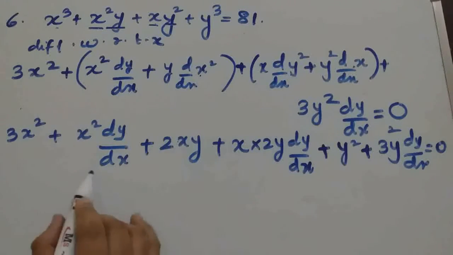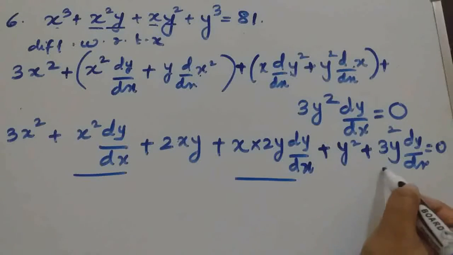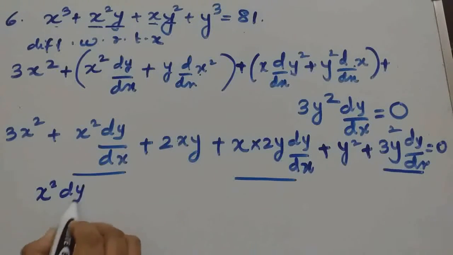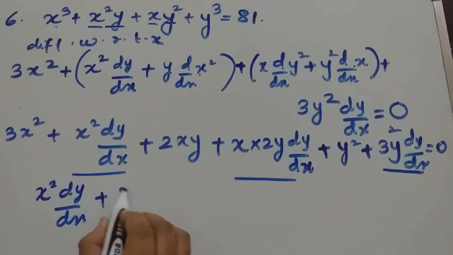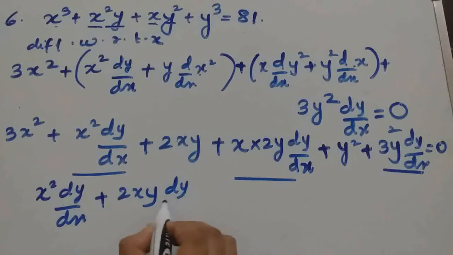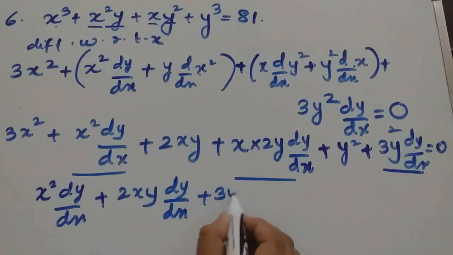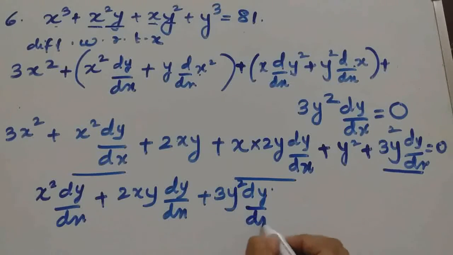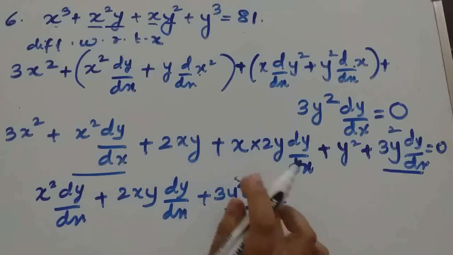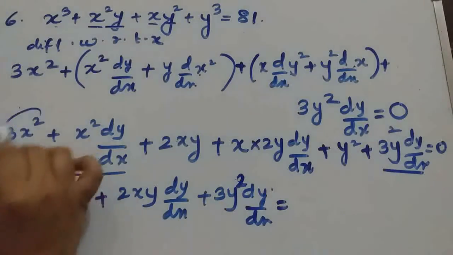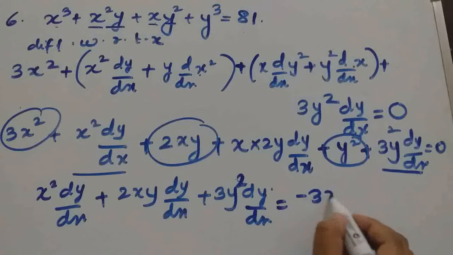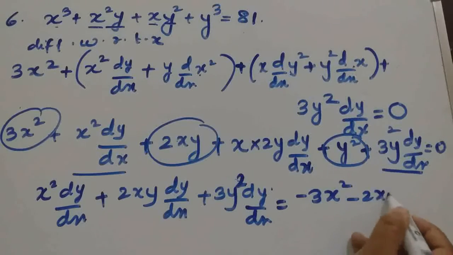Now we have three terms which contain dy by dx. So these three terms we will keep here only. 3x square dy by dx plus 2xy dy by dx plus 3y square dy by dx equals to, these three terms we can shift to the other side, minus 3x square minus 2xy minus y square.